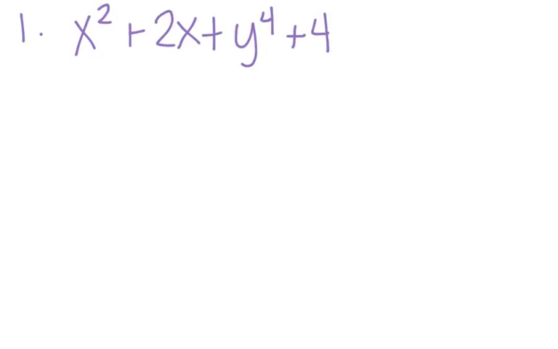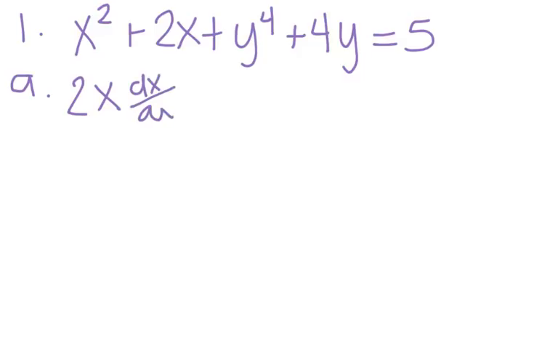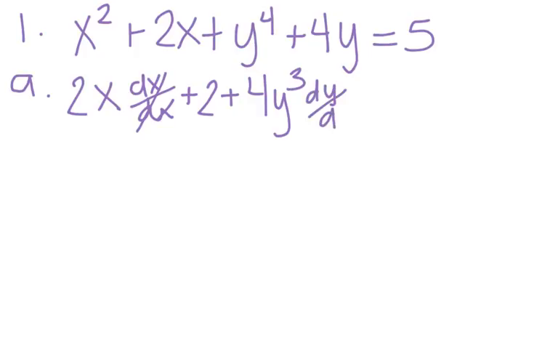Problem 1 is x squared plus 2x plus y to the fourth plus 4y equals 5. For part A we have to find the derivative, so 2x dx over dx, but that cancels to 1, so that's gone, plus 2 plus 4y to the third dy dx plus 4 dy dx equals 0.